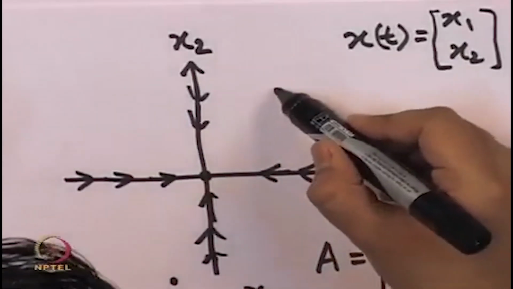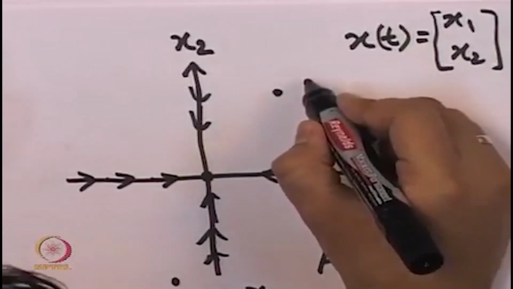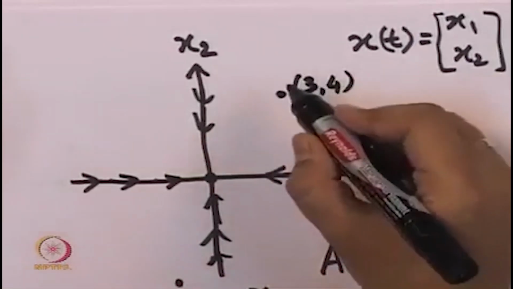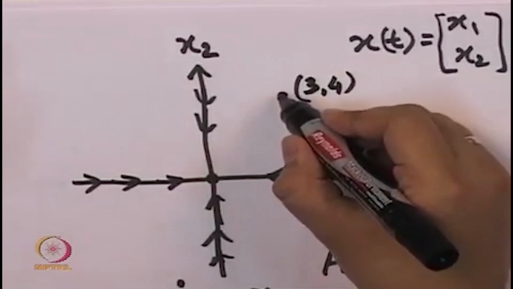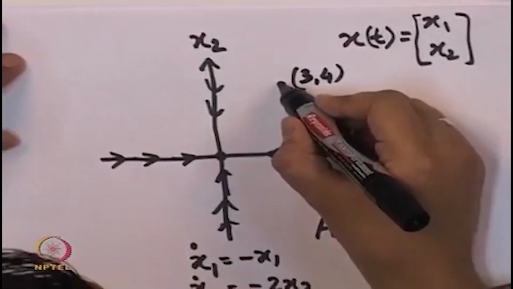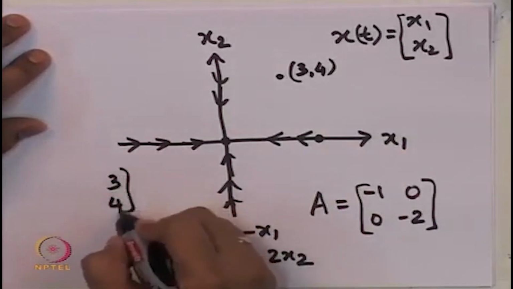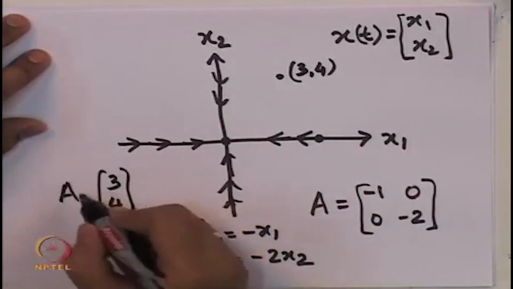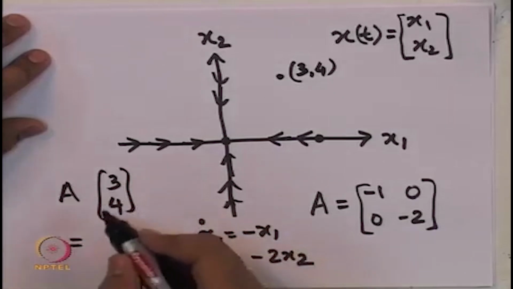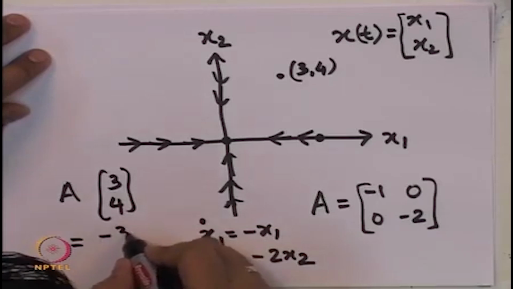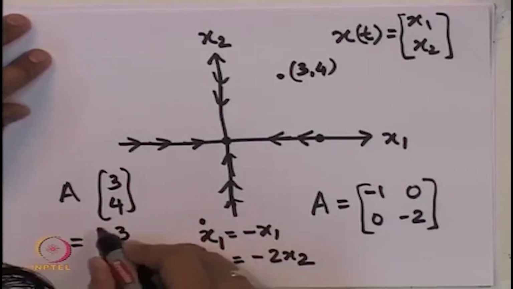And if we take a general point, suppose we take the point 3, 4. How do we determine the arrow at this point? We take the vector 3, 4 and make matrix A act on it. When we make matrix A act on the vector 3, 4, we get exactly minus 3, minus 8.